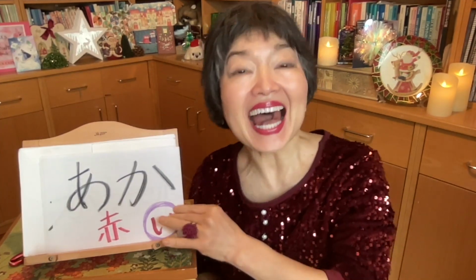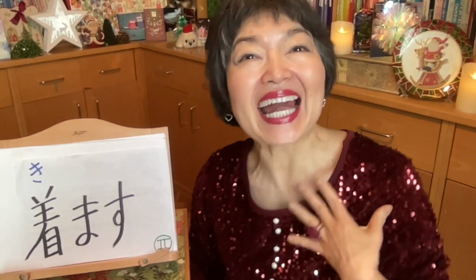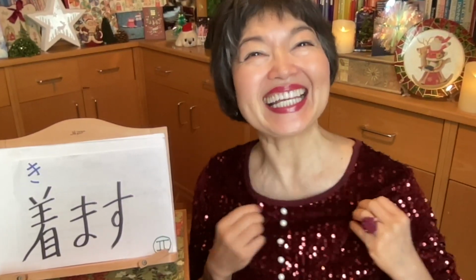So just before the spangle, I say 赤いスパンコール。今、私は赤いスパンコールがたくさんついたキラキラの洋服を着ています。This sentence was quite difficult, right?